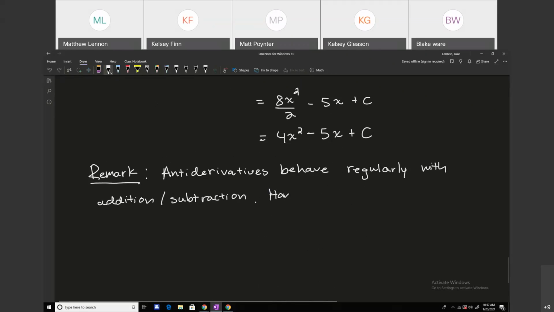However, multiplication and division will require more advanced techniques.